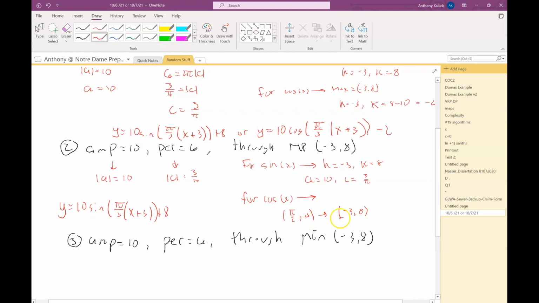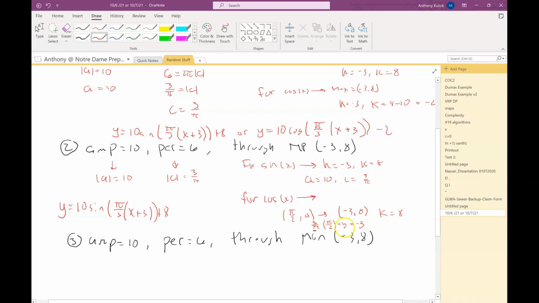So I know immediately that k is 8. But then I have to pick a value for c to either be positive or negative. Let's just pick the positive, times my x-coordinate plus h has to give me negative 3.